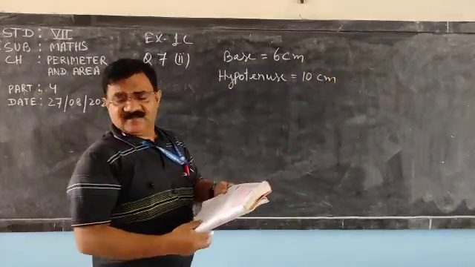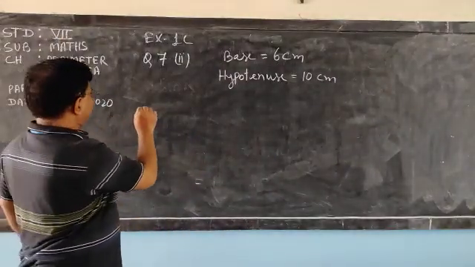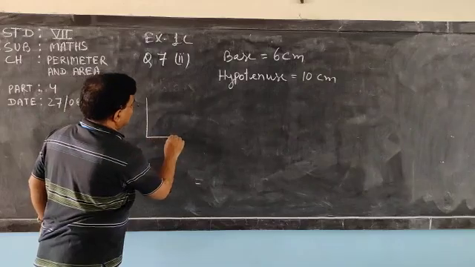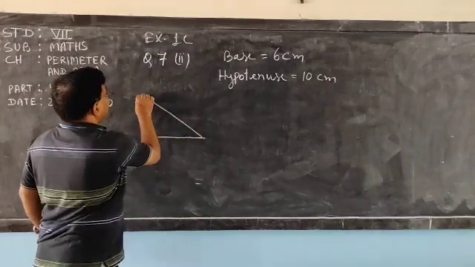Dear children, you know that suppose this is a right angle triangle ABC, 90 degree.